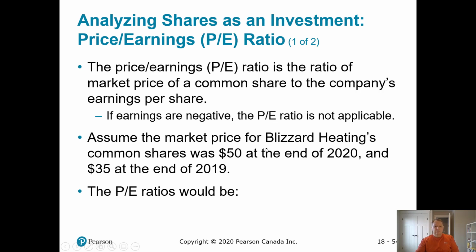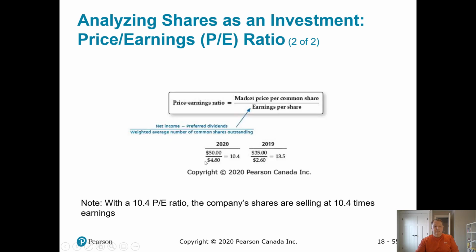So here's one where we've got a company, the market price is $50 and was $35 at the end of 2019. So in this case, market price per common share was 50 over the earnings per share, which is $4.80. So as a ratio, that's 10.4. In 2019, it was 13.5.